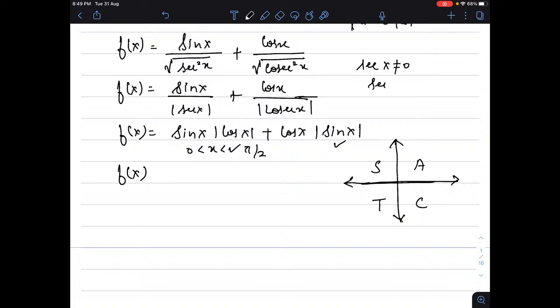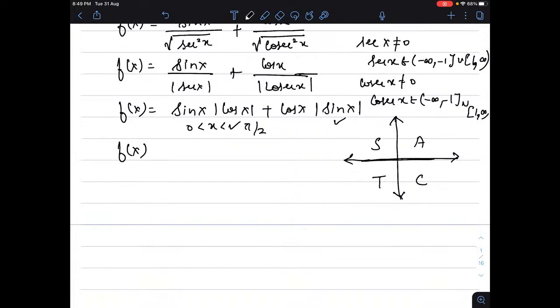Sec x always belongs from minus infinity to minus 1 closed union 1 to infinity. So that is not at all an issue. And cosec x should not be equal to 0. So that is also always true. Cosec x belongs from minus infinity to minus 1 closed union 1 to infinity. Till here not at all an issue.